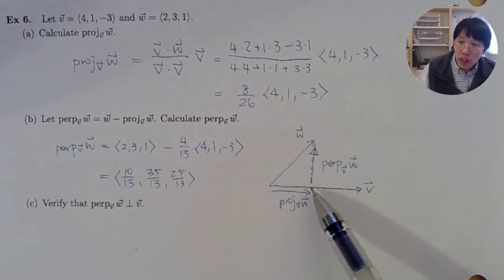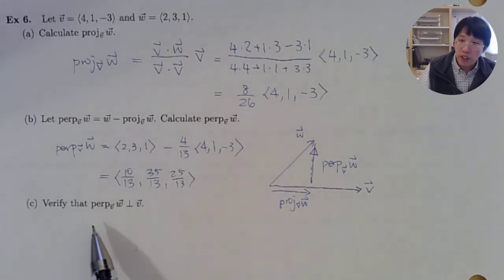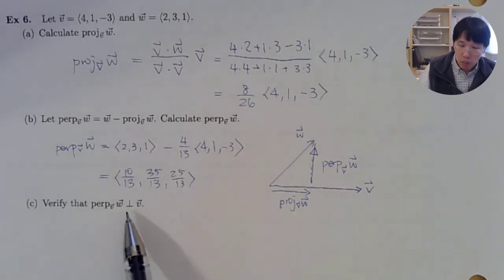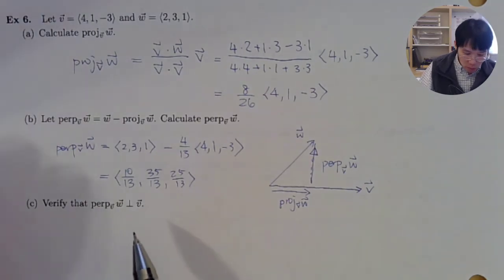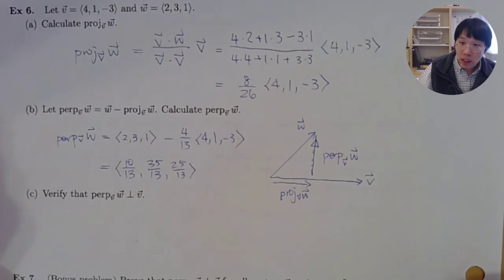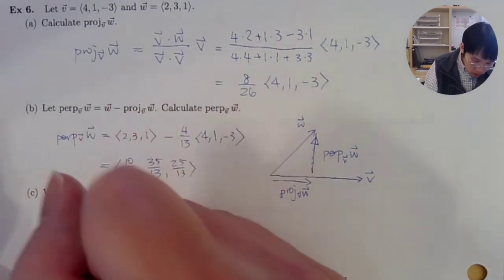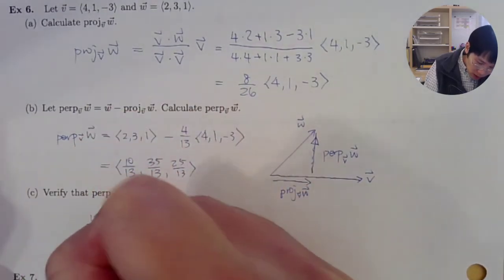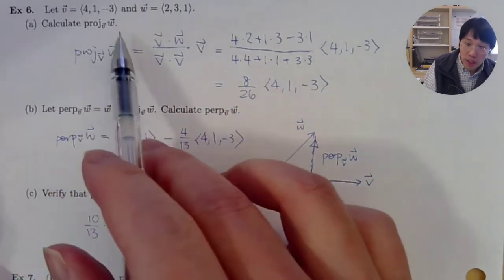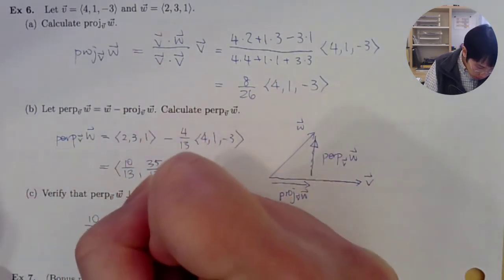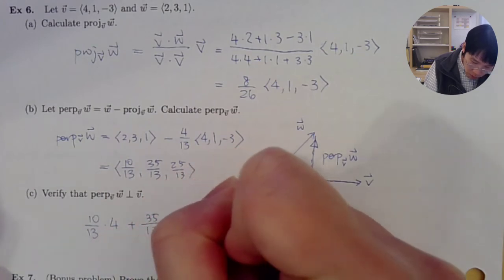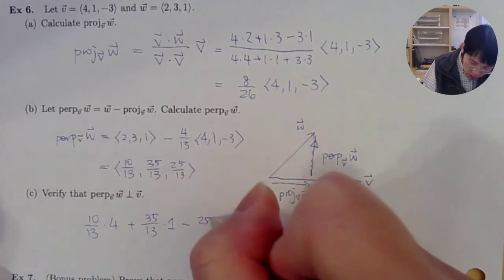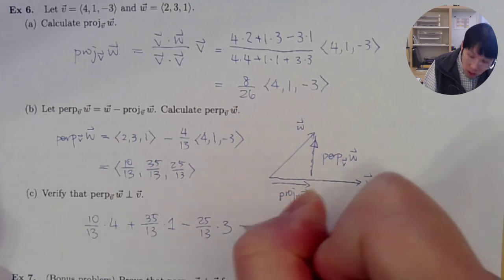How do we know that this is actually perpendicular? Well, we can verify that fact by using what we learned on the previous page. If we want to verify something is perpendicular, then we can take their dot product. So 10 over 13 times, what is V? V is 4, 1, negative 3. 4 plus 35 over 13 times 1 minus 25 over 13 times 3.